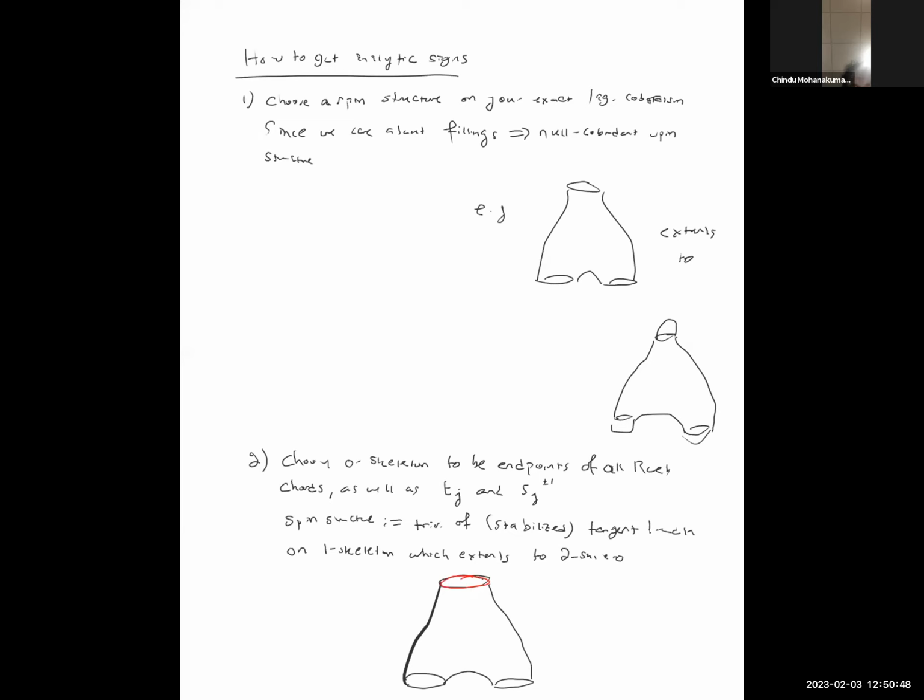So something like this would be a perfectly good 1 skeleton. Okay, and then we want to homotope the boundary of our holomorphic disk.